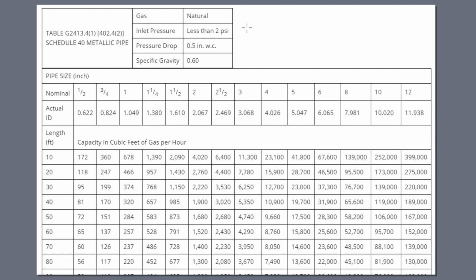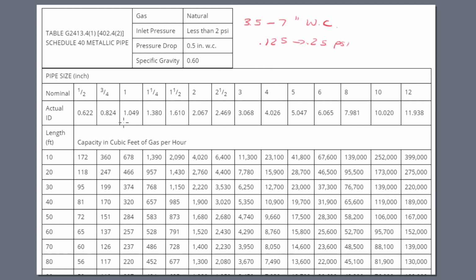They said it was somewhere between 3.5 to 7 inches of water column. If you convert that to PSI, it's about 0.25 to 0.25 PSI.